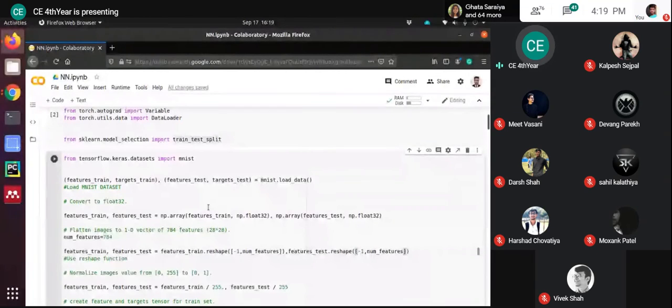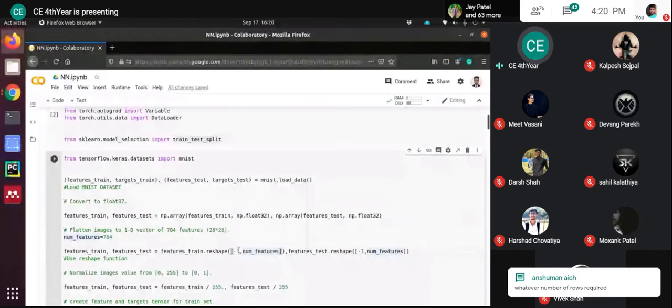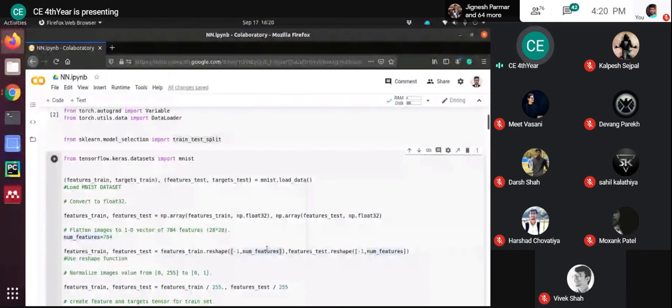Can anyone tell me the reason for this -1, or what is the use of -1 whenever you use it with reshape? If you observe, the reshape dimension is -1 cross the number of features, and we know that the number of features is 784. So this indicates 784.